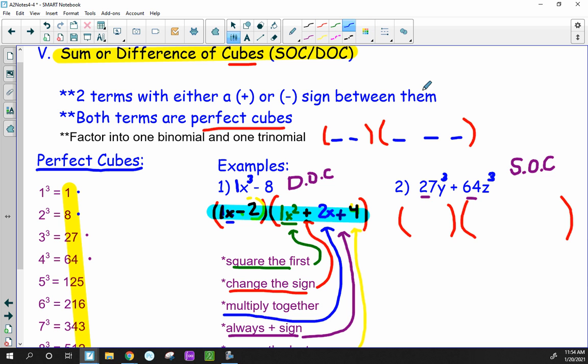To get started again, we focus on the first term, 27y to the third, and we're looking for the cube root of that, what we could put here so that we could imagine it being multiplied 3 times together to give us 27y to the third back. And that would be 3. 3 times 3 times 3 is 27, and the variable would just be y to the first. So 3y to the first.